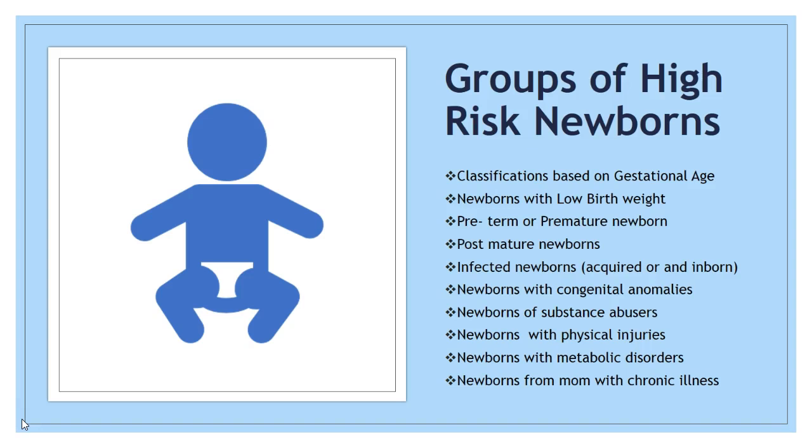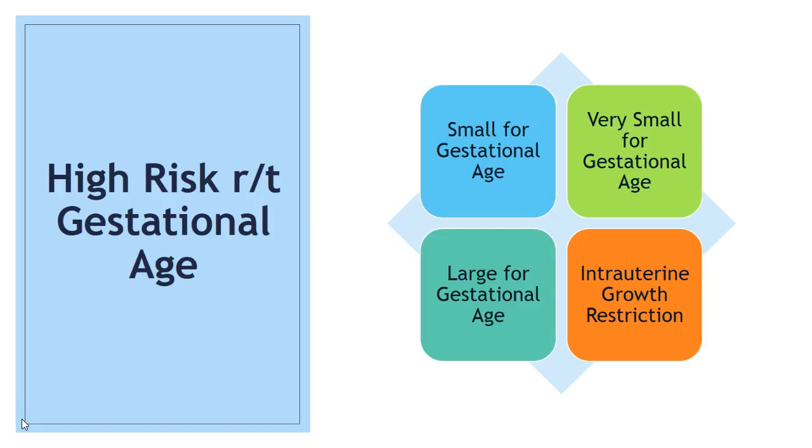Newborns that have congenital anomalies or had mothers that were substance abusers, newborns who have physical injuries from the birth process or metabolic disorders, or newborns from moms who had some type of chronic illness or intrapartum insult that happened during labor and delivery. So the list goes on and on, but that is a few of the main ones.